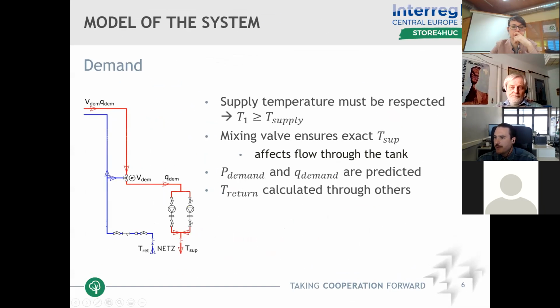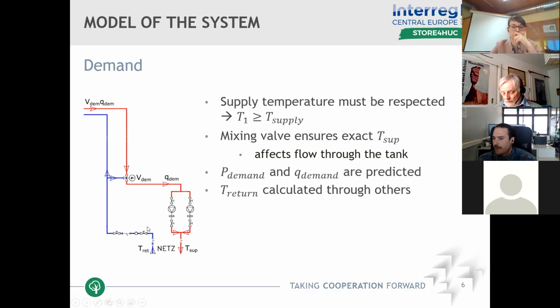Then the third part of the system and the last one is the demand. So we have data with this supply temperature and what it should be during the day in the 24 hours. So we put a constraint that the temperature in the first layer of the tank must be greater or equal to this supply temperature.